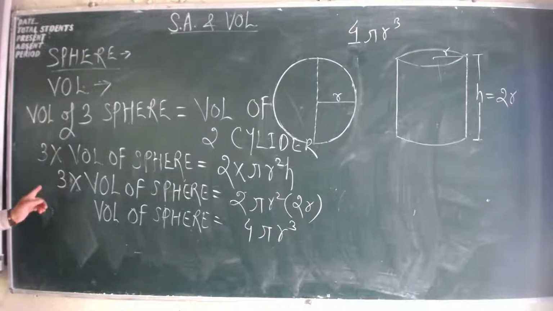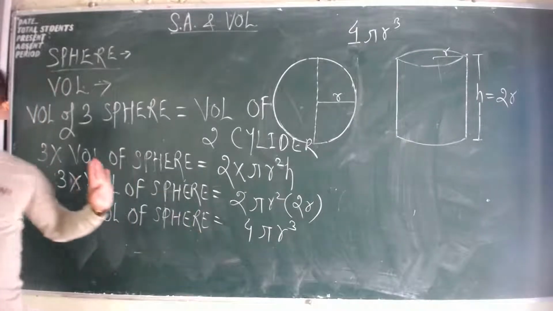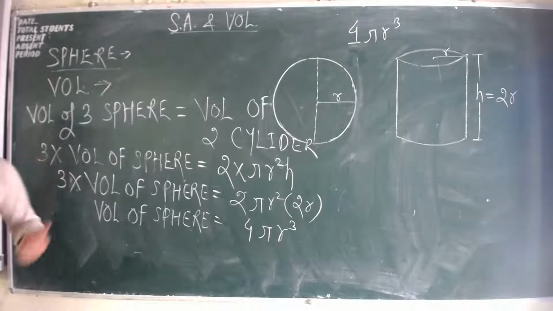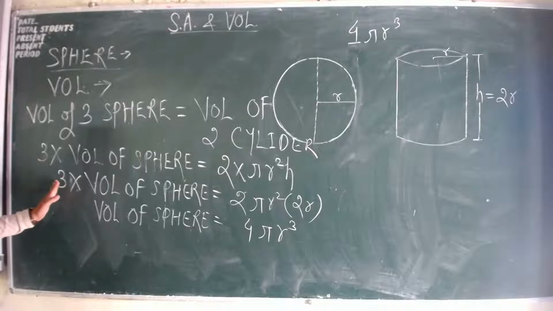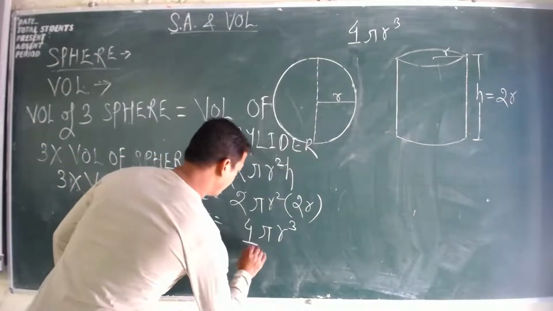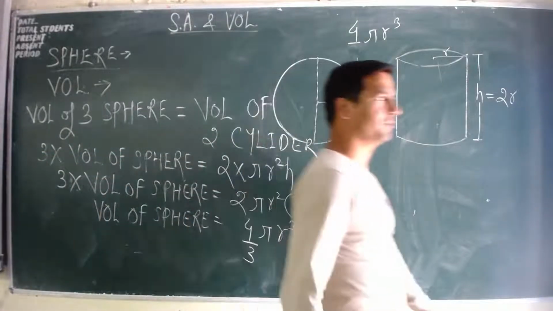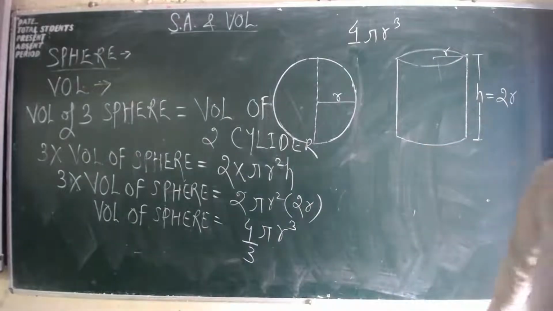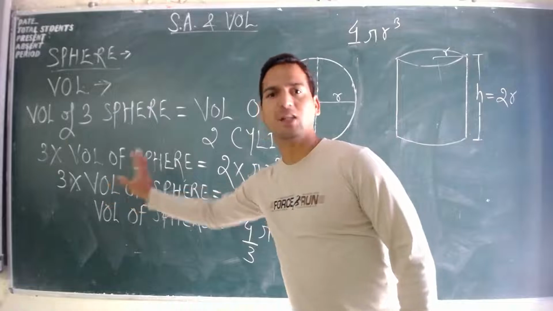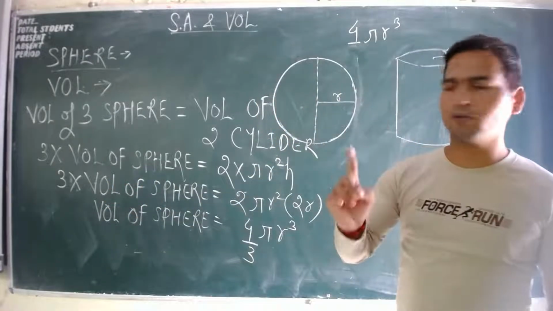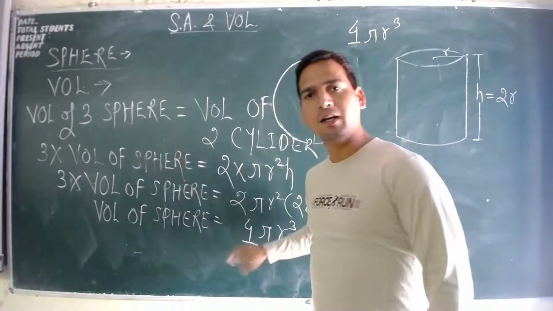Now 4 pi r cube is the volume of three spheres, but here we have to find the volume of one sphere, so the 3 in multiplication comes as division on the right side.